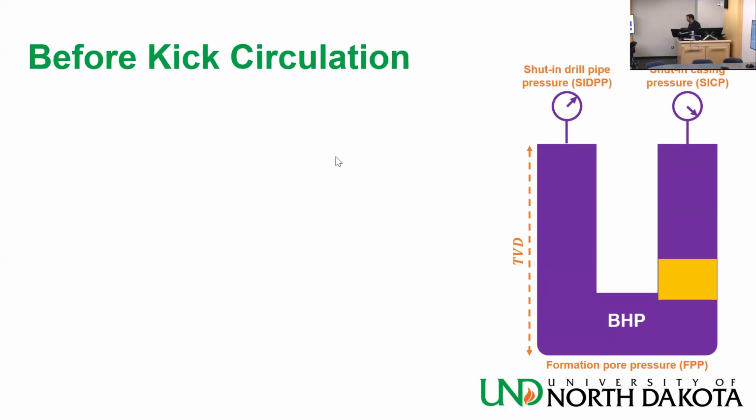Okay, now I think I have this animation here. Before the kick circulation, now I'm moving into the next part. I'm going to try to circulate the kick out of the hole. How am I expecting the kick to behave as I'm moving up the hole? What am I expecting the pressure to do as the kick is moving up?